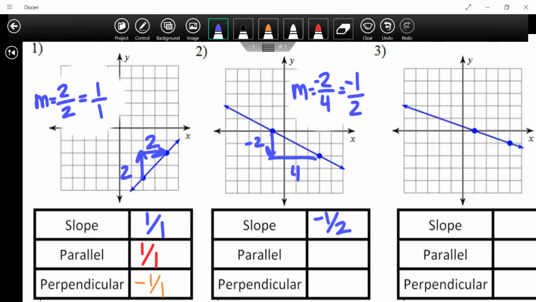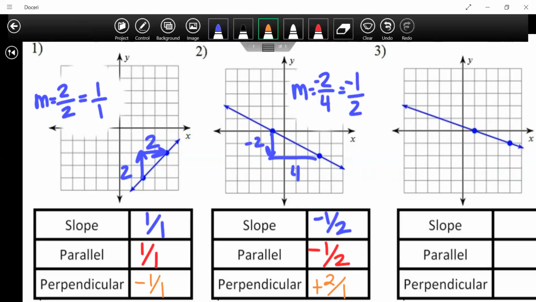What would be a slope that would be parallel? Negative 1/2. It's the same thing. We don't change it. We're golden. What about perpendicular? What's opposite to negative? What is it flipped? 2. That's it. That is all we're doing today.